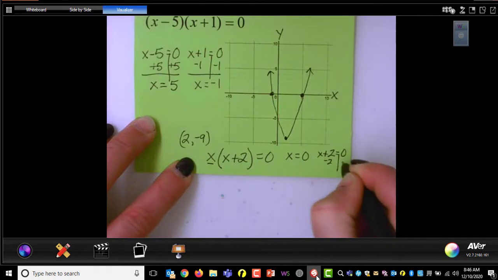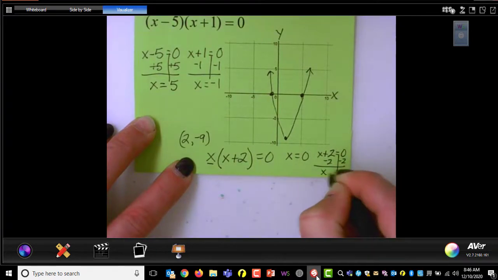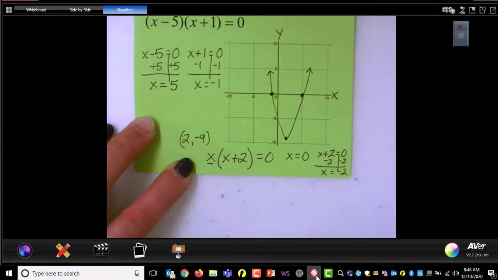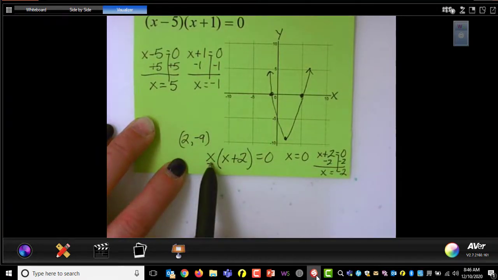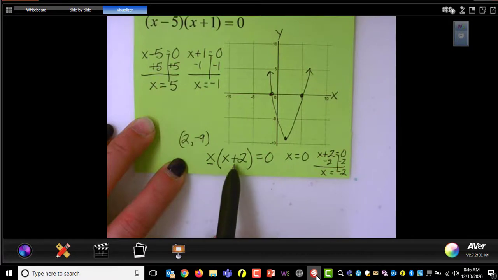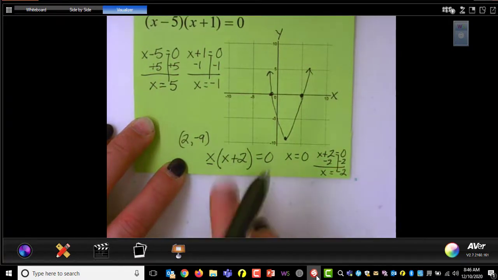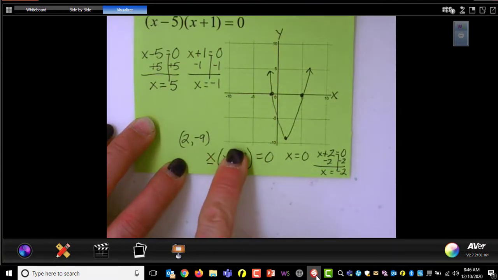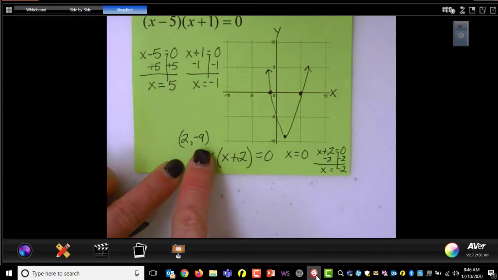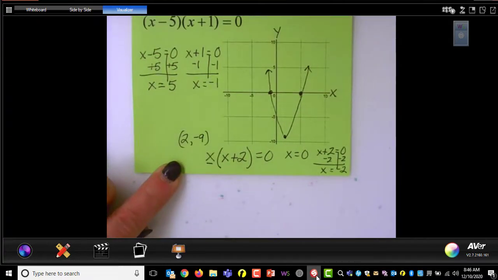I would subtract 2, and I would get x equals -2. So I just wanted to show you that example. If this is called a monomial, this is a binomial. So if you end up seeing something like that, remember we just set each part equal to 0. So x equals 0, x plus 2 equals 0, and we solve both of those.